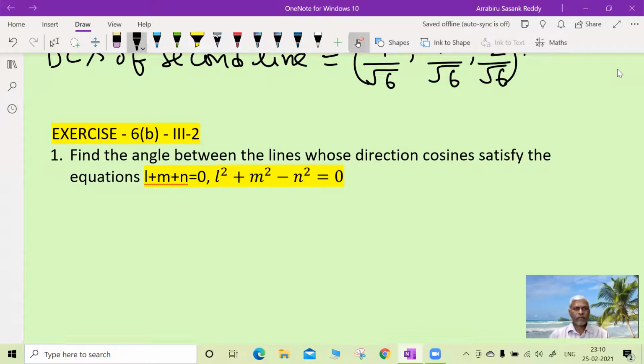Find the angle between the lines whose direction cosines satisfy the equations l plus m plus n is equal to 0, l square plus m square minus n square is equal to 0. Very important.